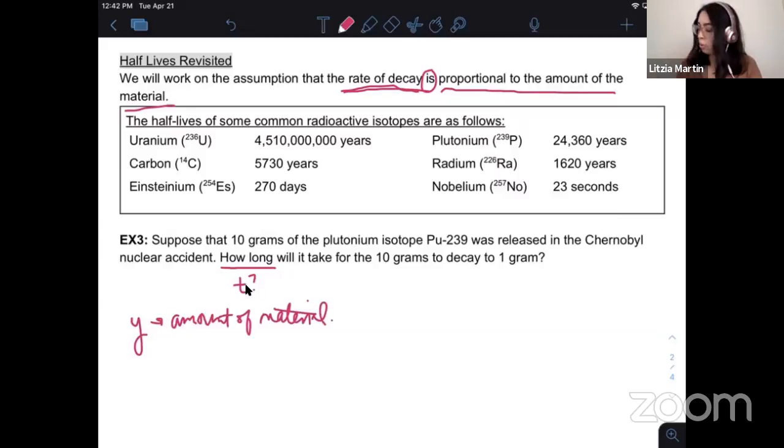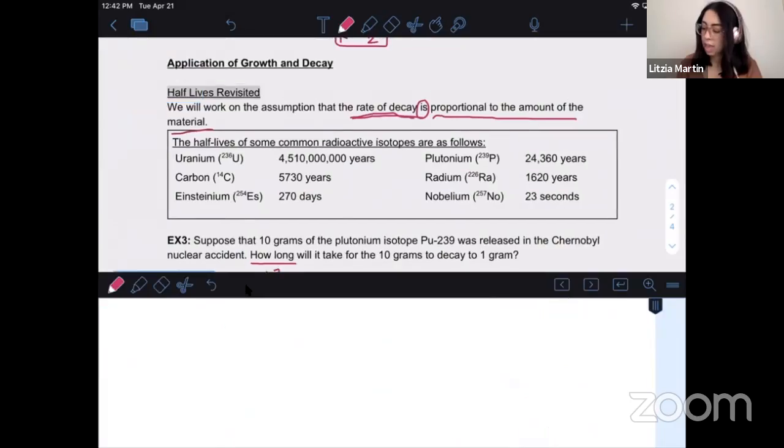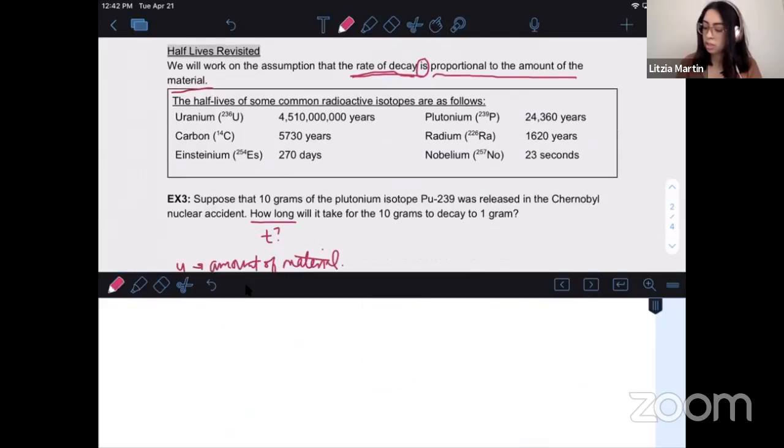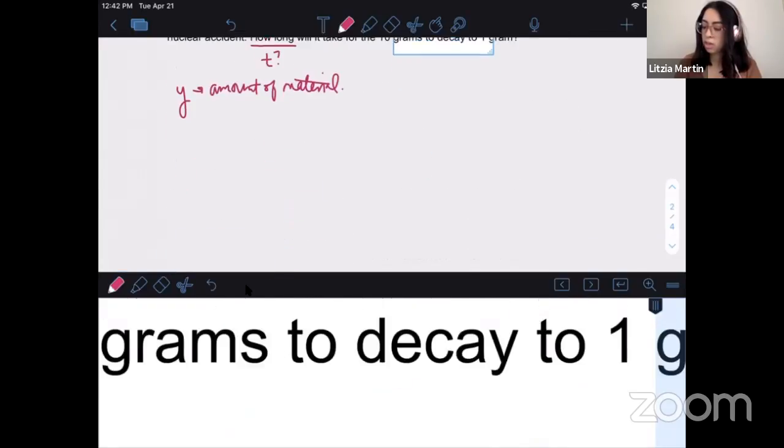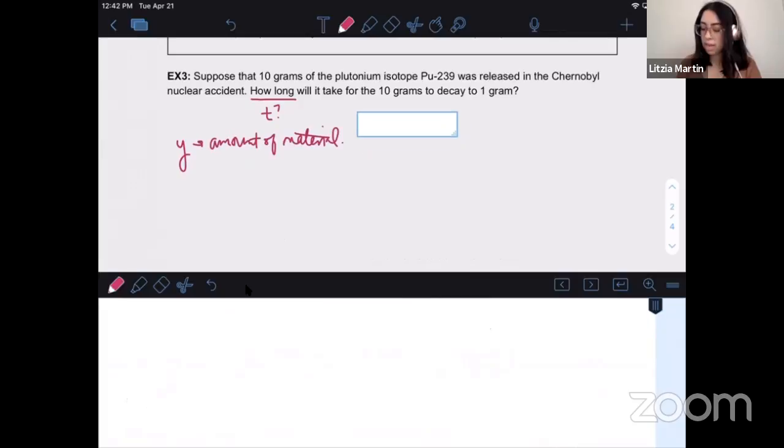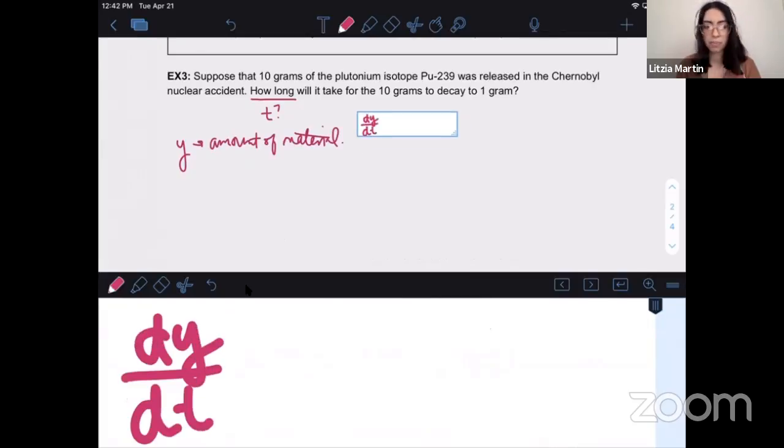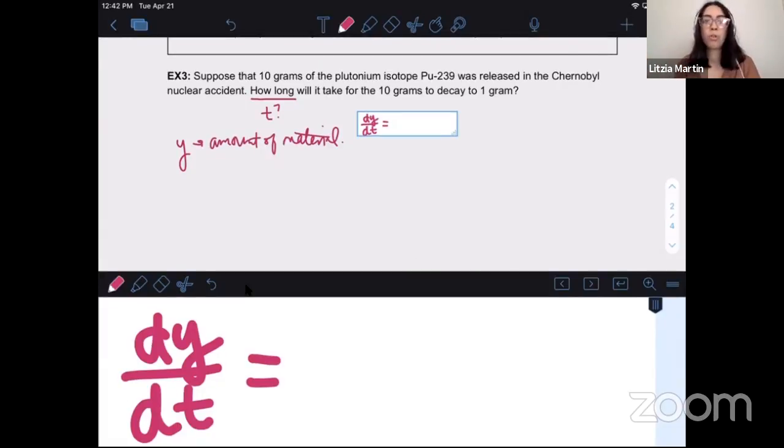So we know that the rate of decay of that material can be written as dy over dt, the change in y. y represents the amount of material over time.